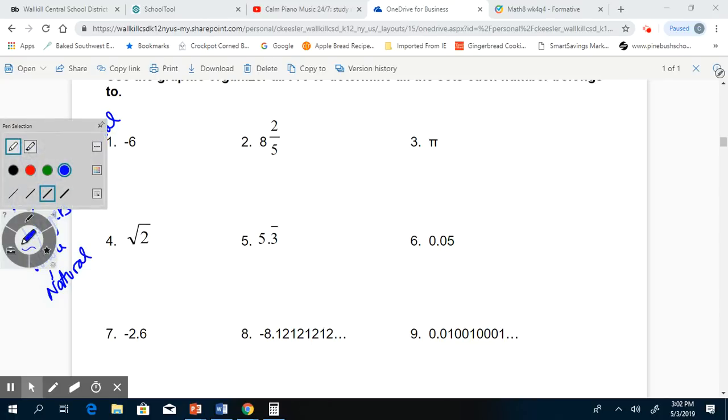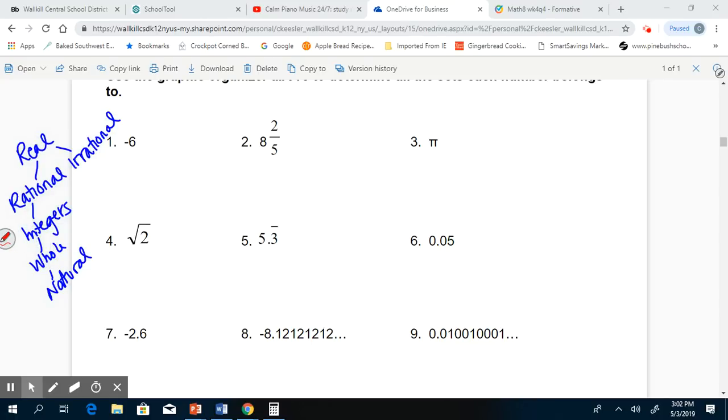So for -6, -6 has a negative attached to it, and 6 is a whole number. So the first category it's going to fit into is integers because of it being a negative whole number. And then we work our way up our graphic organizer. If it's an integer, it's also rational. If it's rational, it's also real. So we write integer, rational, real as our response.